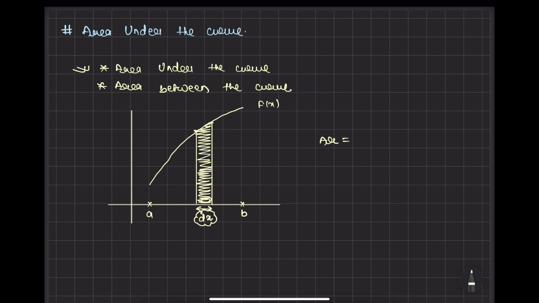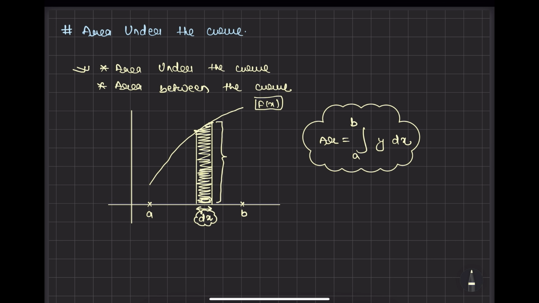And this is the length: for this x, f of x will produce something, so it is f of x, or y corresponding to that x. This is the area of the strip. Now if you apply the limit from a to b, this will provide you the area.